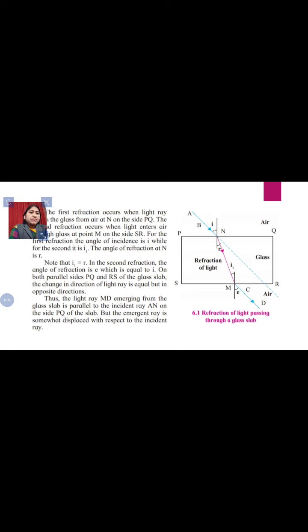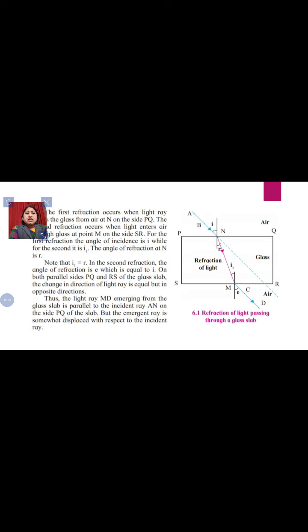Then after that, when light passes from glass to air medium, that is ray MD. If we observe the diagram carefully, the direction of the light changes in the glass slab.